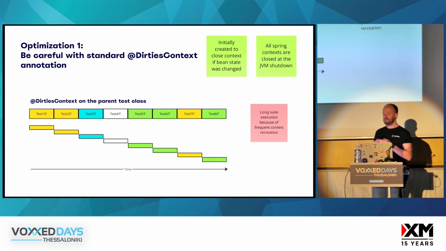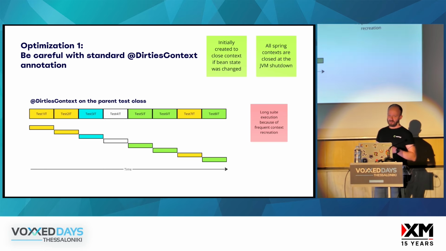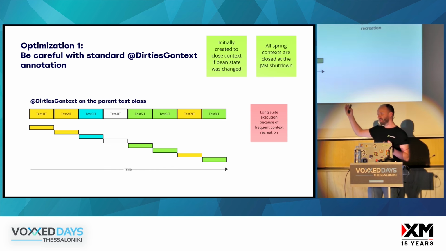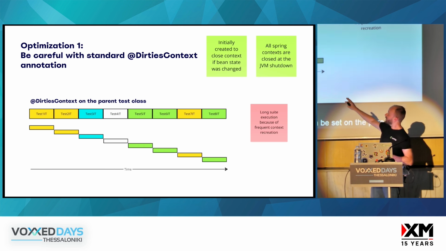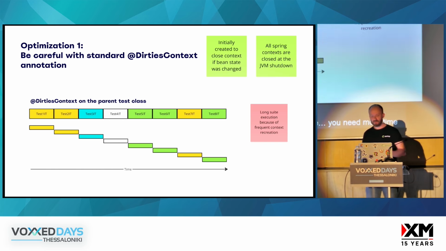Initially, this annotation was created for scenarios when the shared state of the context was changed by a test in a way that it should not be reused by other tests, because it can break subsequent tests. In the worst scenario, such a dirty context annotation can be set on the parent integration test class, and as a result, each test will close the context after it. And it can work quite well, but you need more time to execute the test suite.